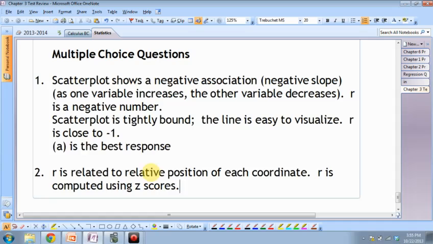So let's think about that. If I just move all of them to the left or to the right, that's not going to change the z-scores. So it's not going to change the correlation.